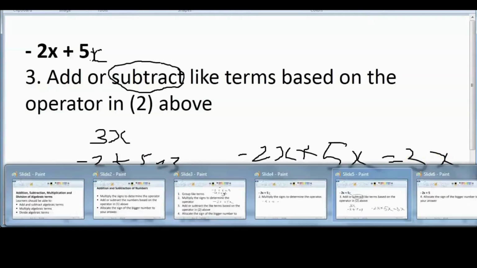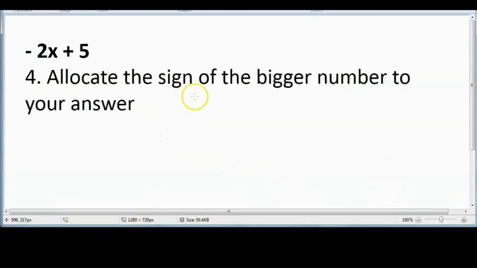Okay, let's move on. Allocate the sign of the bigger number to your answer. The bigger number in this case is 5 and it's positive, and our answer is 3x. So our result is going to be plus 3x, or we can just write 3x.